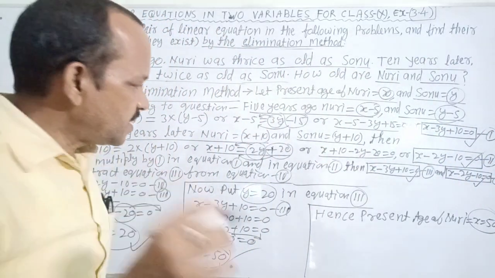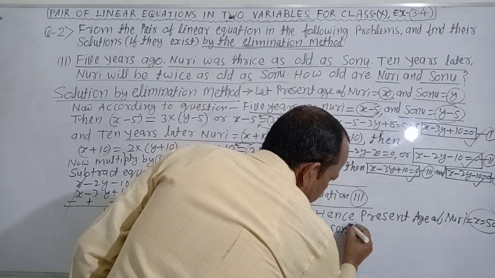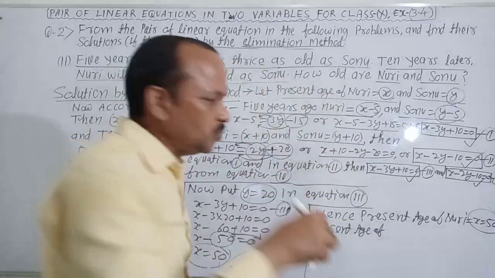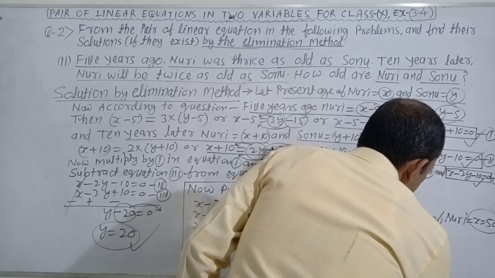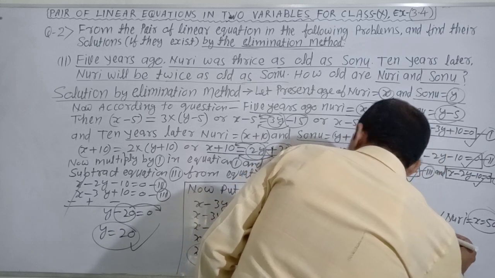Clear? Present age of Sonu equal to y equal to 20.